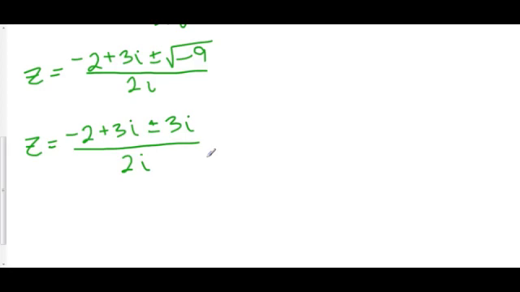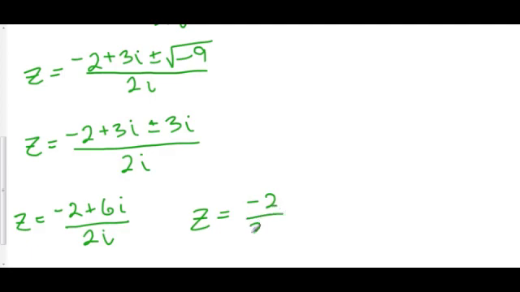Well, this means that we can both add and subtract our 3i from the top. So that means that z is equal to negative 2. Let's see, let's try adding it first. 3i plus 3i, that's 6i all over 2i. And also, z is equal to, let's subtract 3i minus 3i. This is negative 2 over 2i.